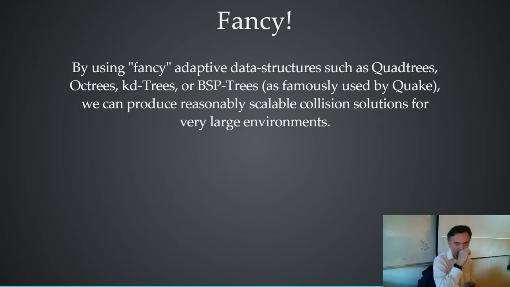So the way BSP trees work is, I've been talking about using a grid structure and decomposing these axis-aligned grids. But if you think about Quake, where the dungeons are kind of angular, grids are not actually the ideal thing. So what happens in Quake is that each wall is basically a plane that slices the world in half. Binary, right?